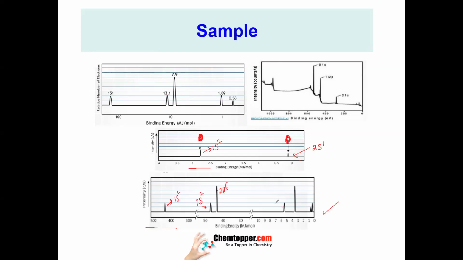This one, 3s2. This one, 3p6. Remember, after 3p6, you get 4s first, and it should be completely filled before you go to D. Can you see this one? 4s2, the outermost shell.